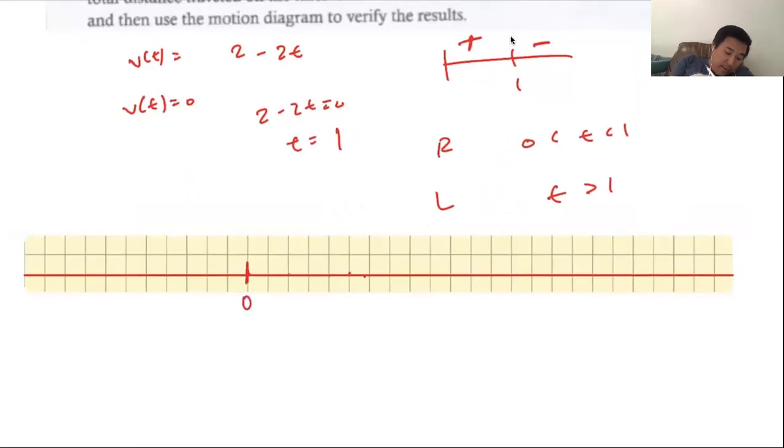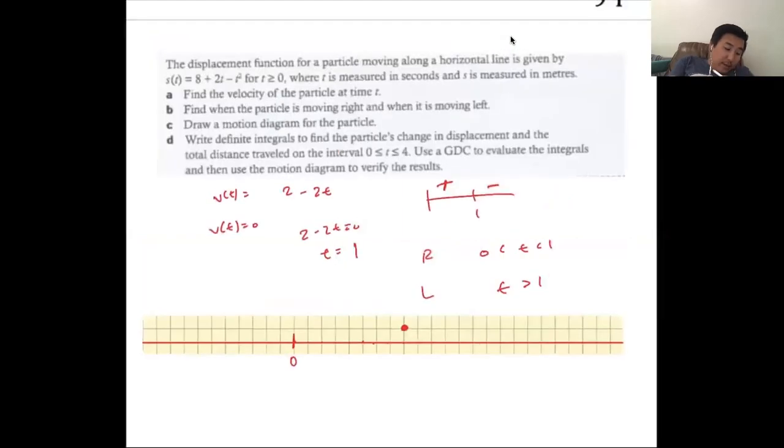4, 5, 6, 7, 8. That's the starting point, because when I plug in 0, I get 8. And I'm going to go right, plug in 1 second. So 8, 10, minus 1, 9.